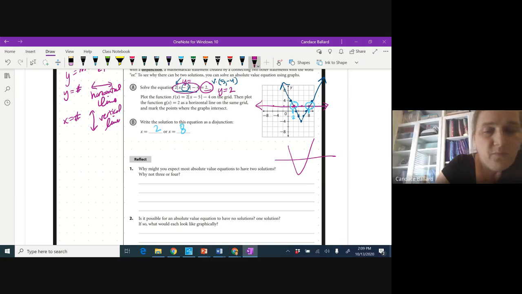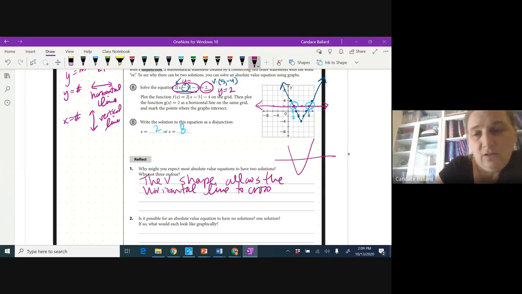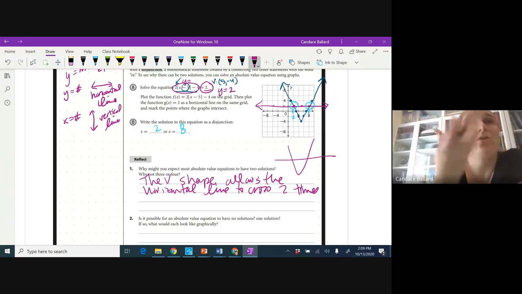So I would say something maybe like the V shape allows the horizontal line to cross 2 times. Now, can it cross any differently than that?